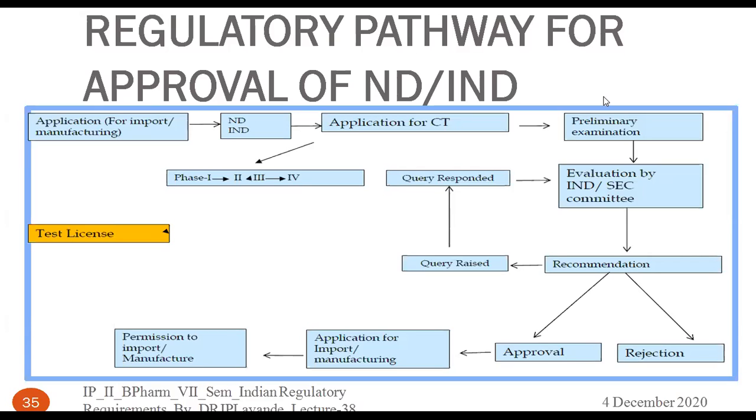It is associated with the new drug or the investigational new drug. Then it is applied for the clinical trial. The application is subjected to preliminary examination, scrutinized, and evaluated by the IND committee and the SEC committee. IND is the investigational new drug committee, and SEC is the subject expert committee.